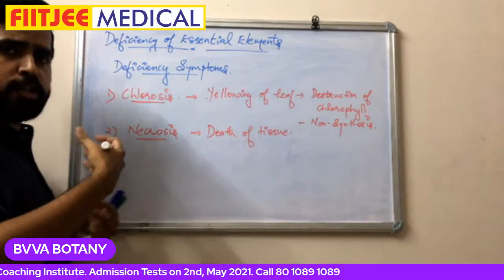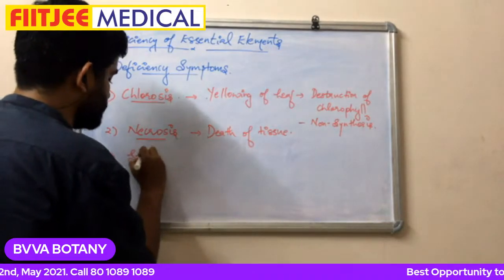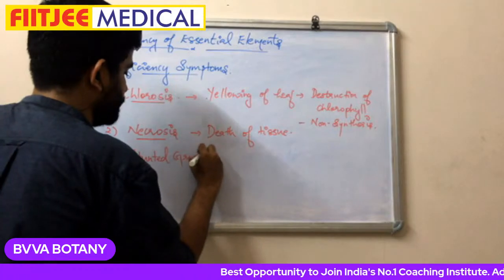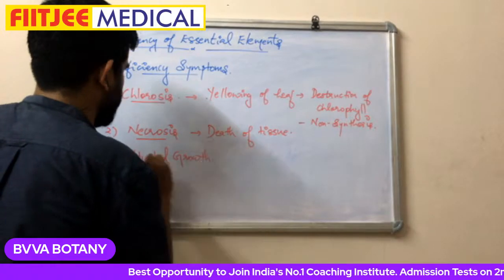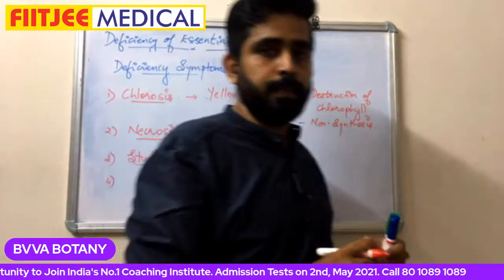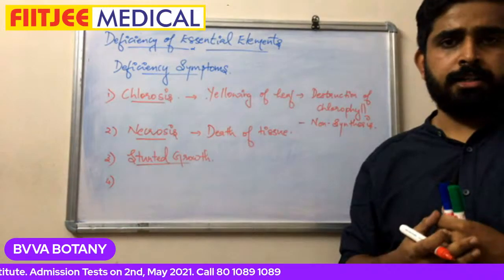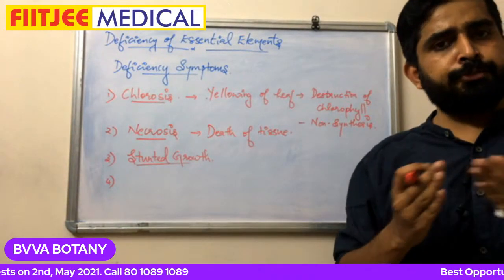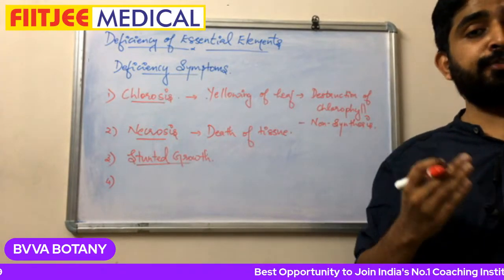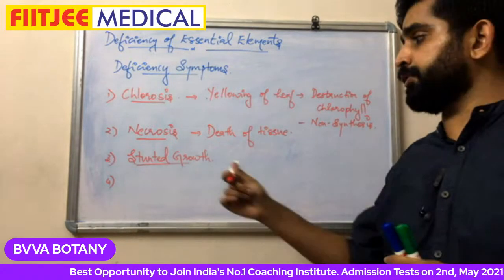Then disproportionate growth, or not growing properly, we use the term stunted growth. Now, the young leaves as well as the bud can fall off before their maturation. They should completely grow and do their functions, but lack of that full growth results in early falling of the leaves and buds.